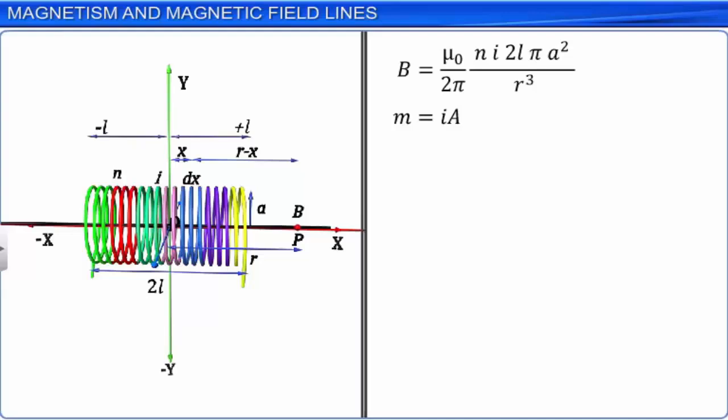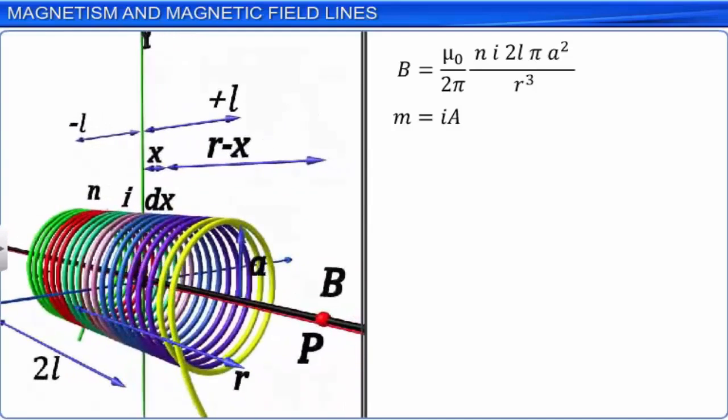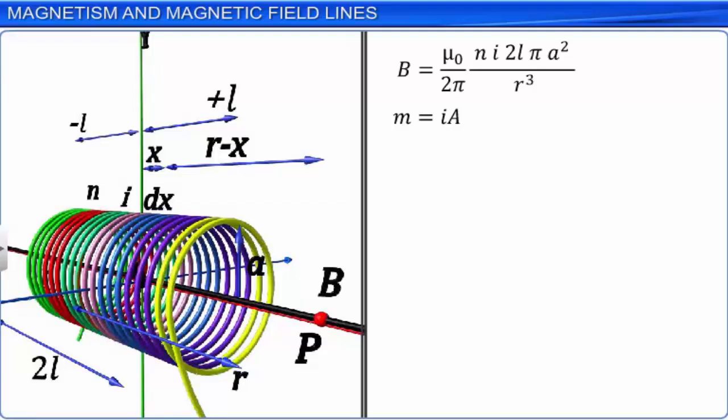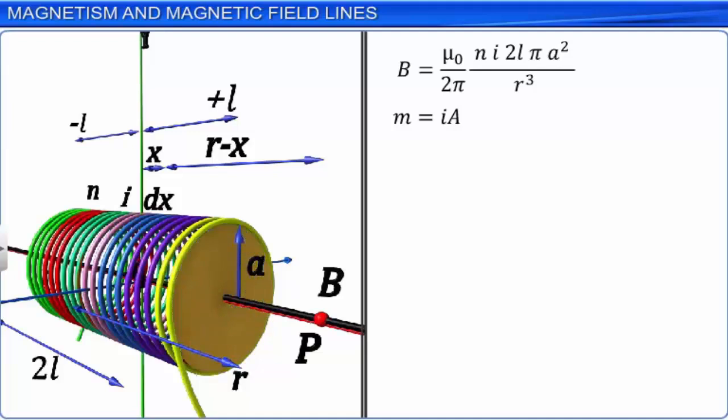Thus, area of each loop of the solenoid is pi into A square. The total number of loops in the solenoid is n into 2L, and hence the magnetic moment of the solenoid M is equal to n 2L I A, which is equal to n 2L I pi A square.